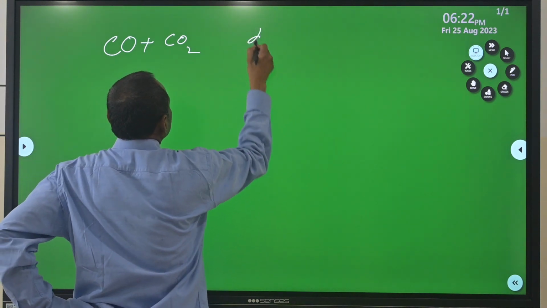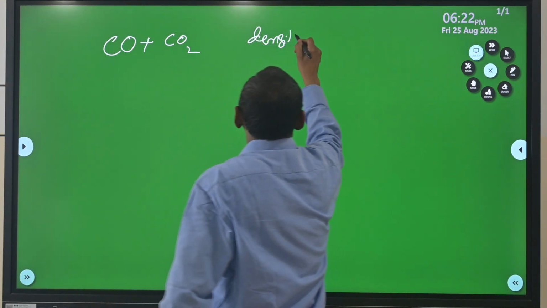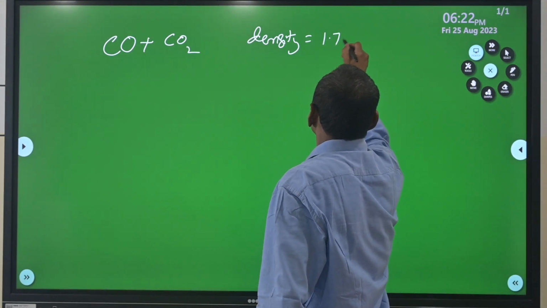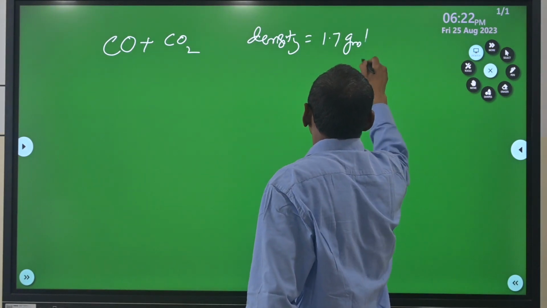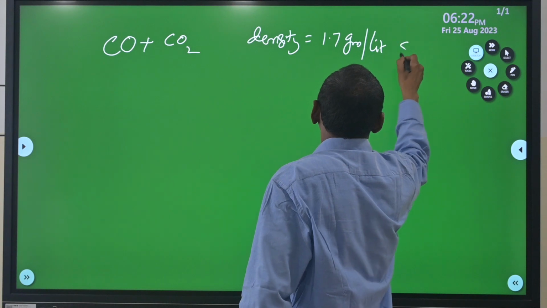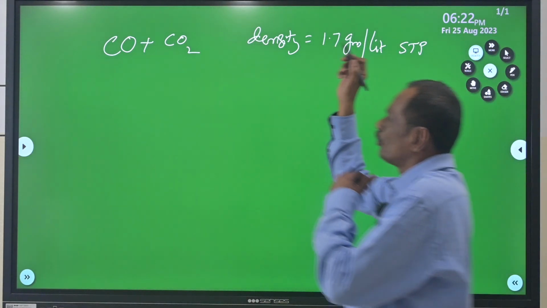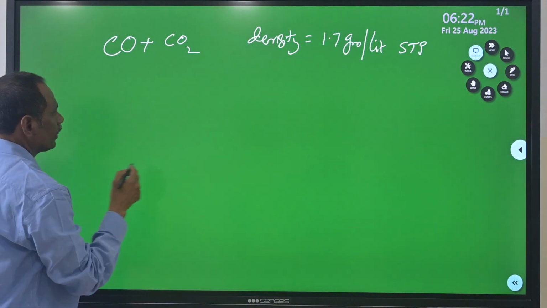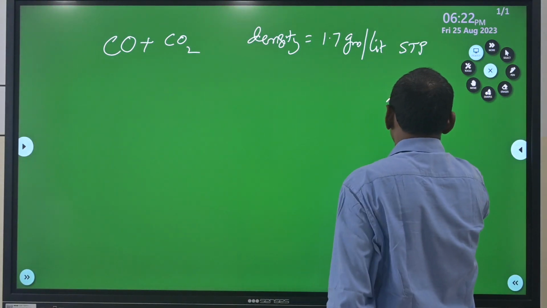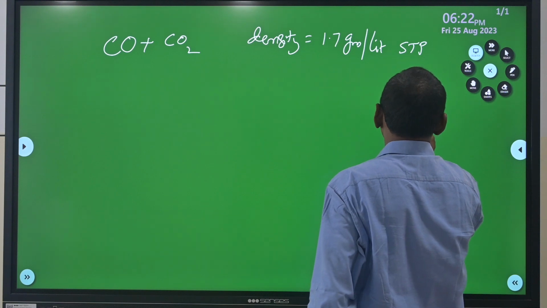Its density is 1.7 grams per liter at STP. It is a condition. Calculate the mole fraction of either CO or CO2.